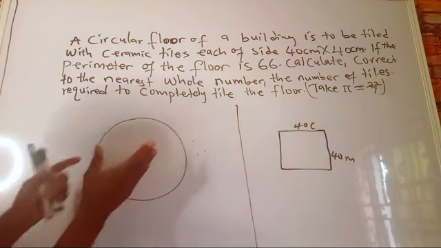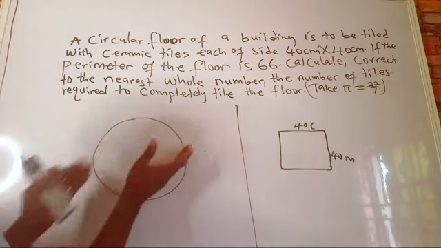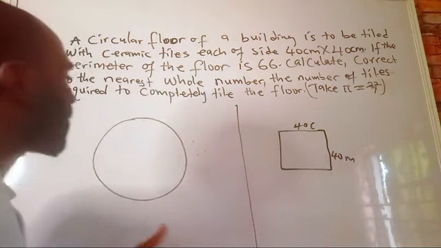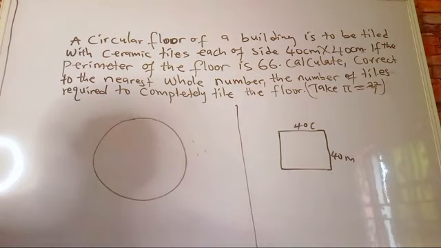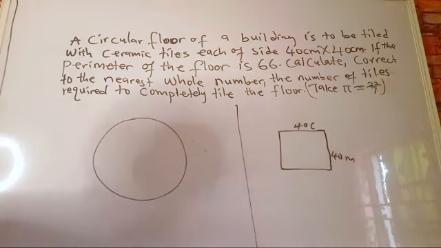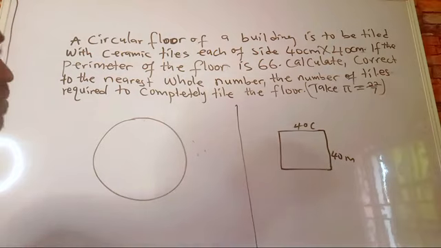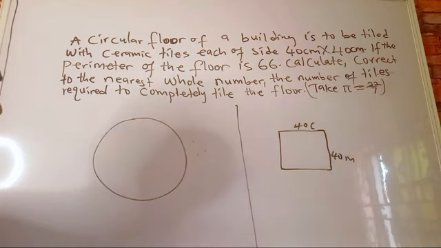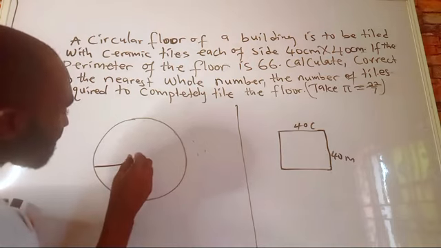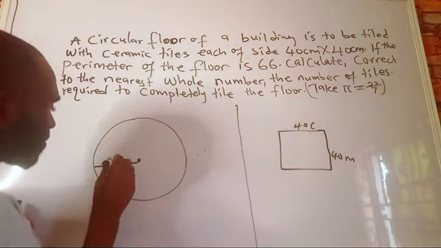So the things to point out here: first, you have to know the area of this building so that you know the number of tiles required. And before you know the area, you need the perimeter in order to get your radius, because in a circle you have a center and a radius.